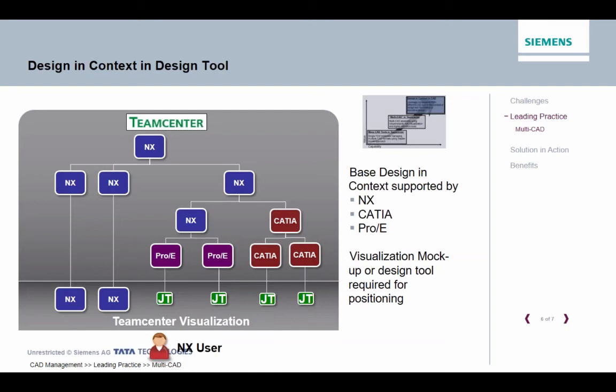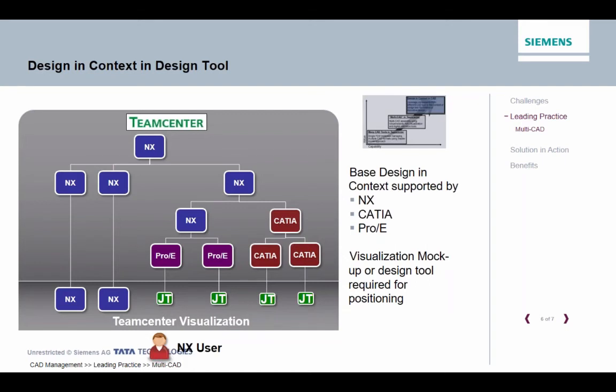In this example, I have an assembly consisting of NX, ProE, and Catia files. So what I can do is open the geometry created in ProE and Catia directly inside NX and then continue to do my design work inside NX. So that makes it a design in context.